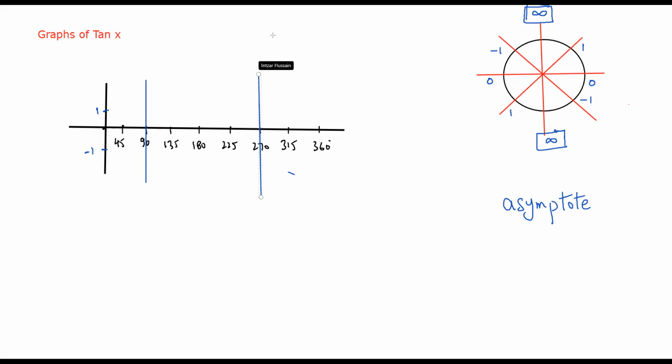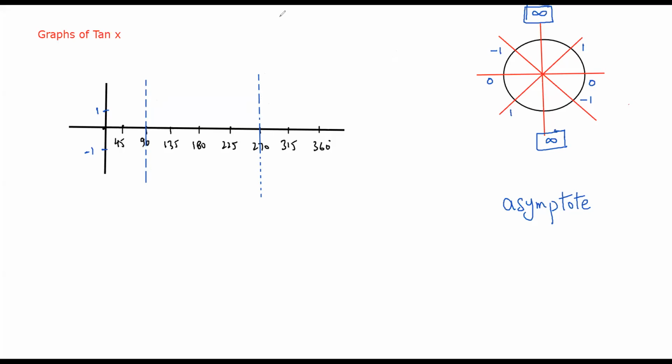Let me make it dotted. I have adopted a way here to make it dotted. Okay, so I have made it a dotted line. So this asymptote has to be a dotted line.